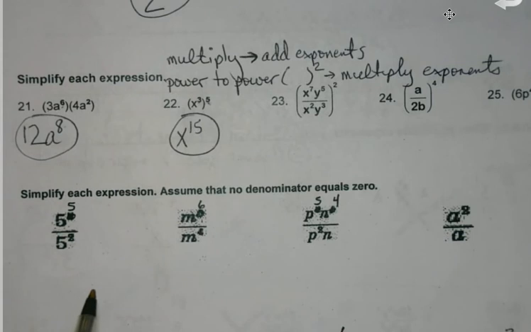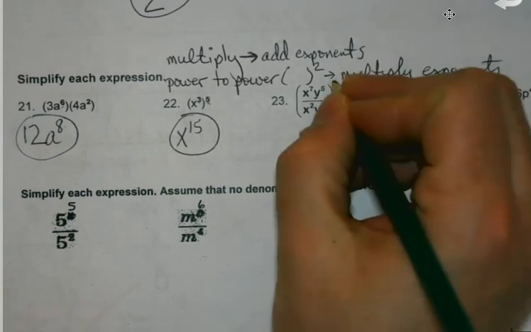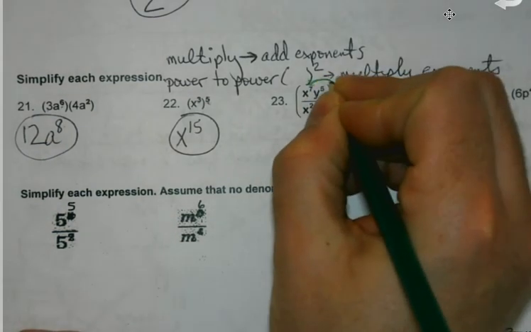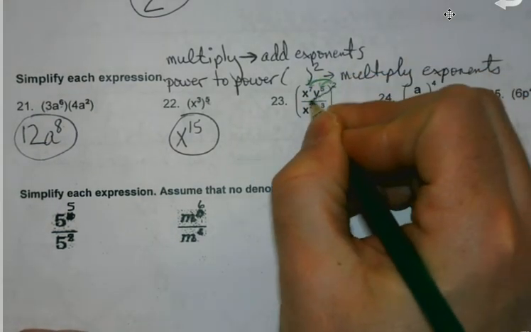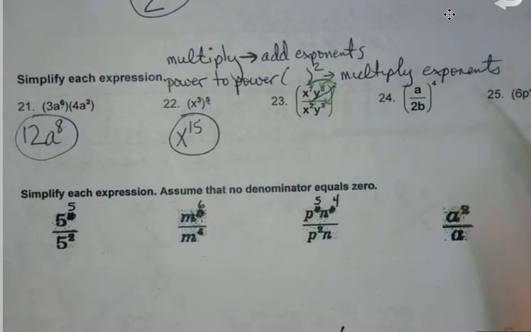Now 23, there's all sorts of craziness going on. I see division, but I also see an exponent. So here's my suggestion. I personally would distribute my exponent first. And it goes to every part, every exponent that you see inside. Multiply? Yep, and we're going to be multiplying.